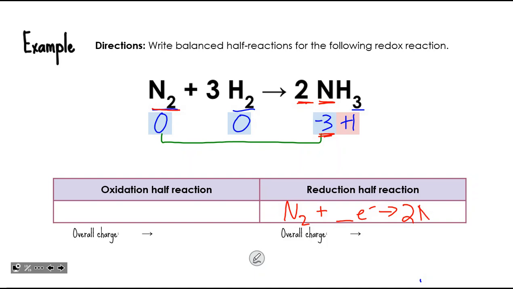So 2 of the nitrogens at -3, like that. So, in order to make that work, how many electrons is that? Because this is 2 times -3, so this is -6. How many electrons do we need to put there to make them equal on both sides?